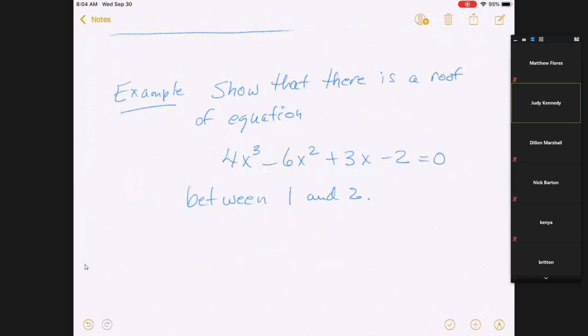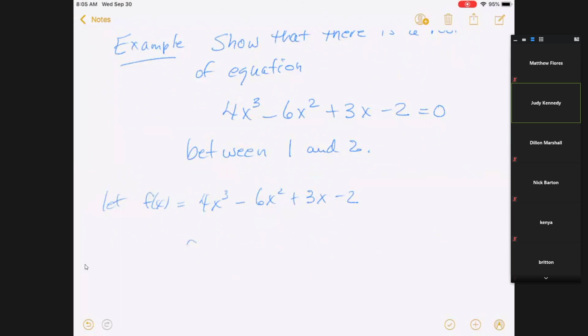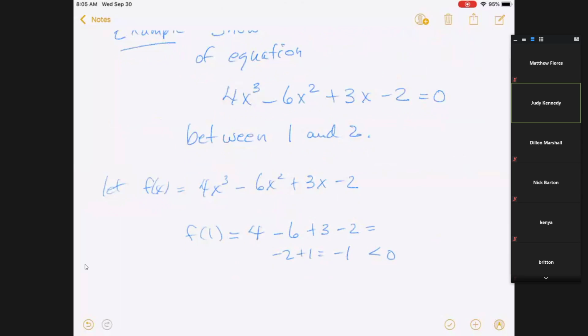So let f of x be this function, 4x cubed minus 6x squared plus 3x minus 2. If I put 1 into f, I get 4 minus 6 plus 3 minus 2. That's minus 2 plus 1, which is minus 1, which is less than 0.